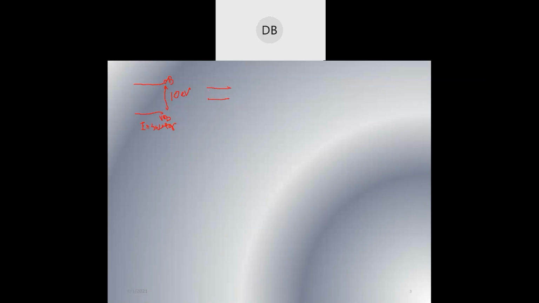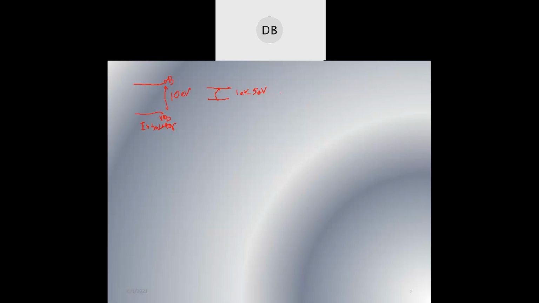Suppose this is maybe 1 electron volt to about 5-6 electron volts, let's say 5 electron volts. In this range, it is possible to give this amount of energy to the electrons sitting here to jump over to the conduction band. And what happens in metals is something like this.